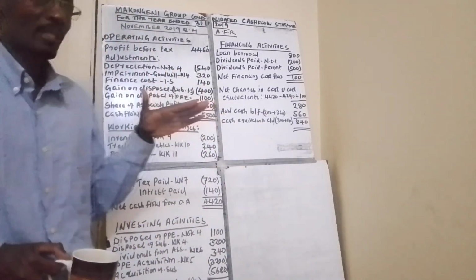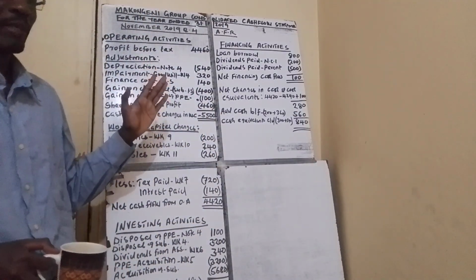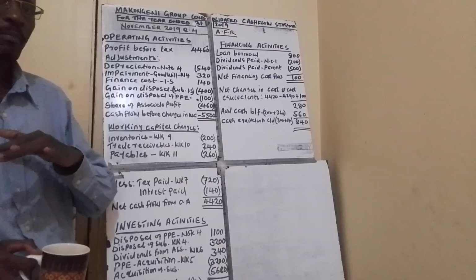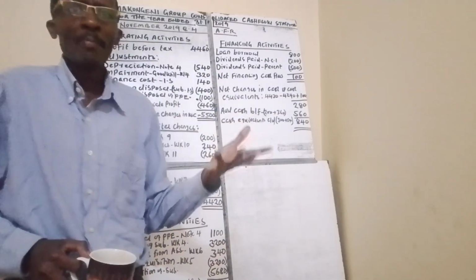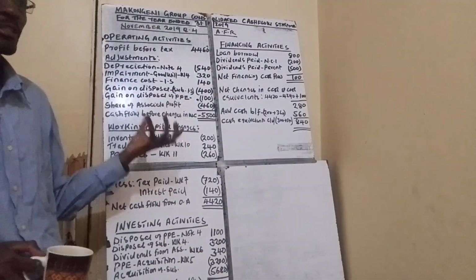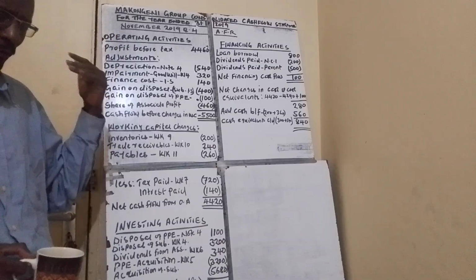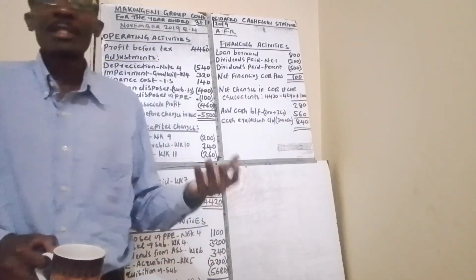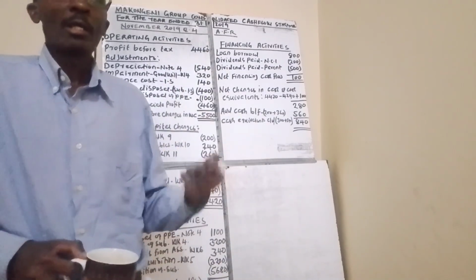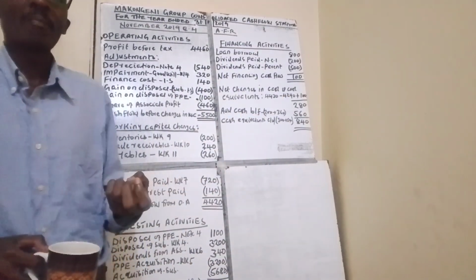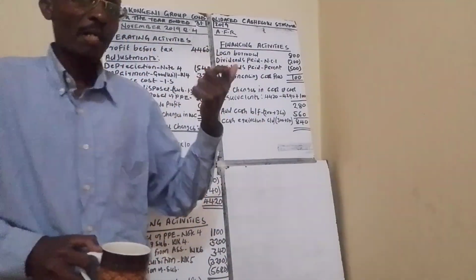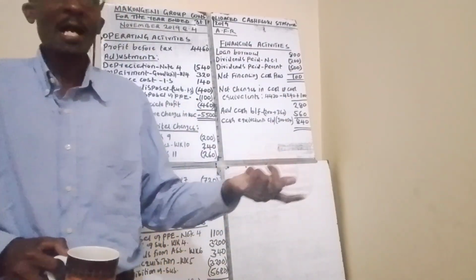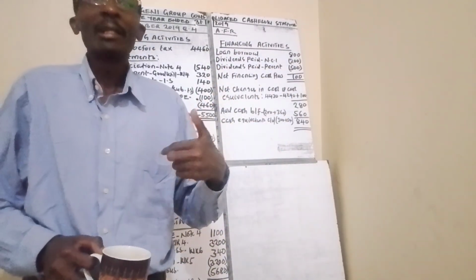So if it is inventory, you'll be given the opening balance and the closing balance. Therefore, bring down the balances appropriately. If for the stock, the difference is on the credit side, it means that stock decreased. And when stock decreases, what does it imply? We have sold more stock, therefore cash is coming in, there is money in.